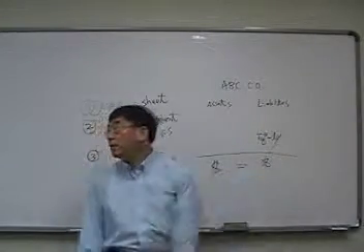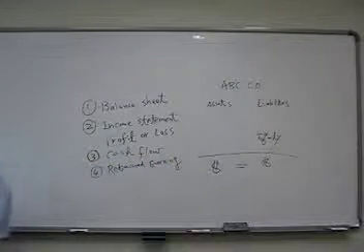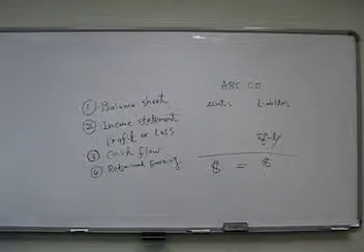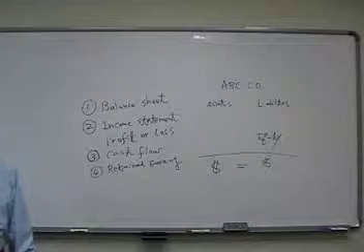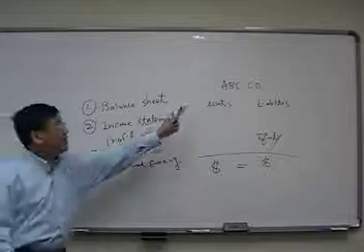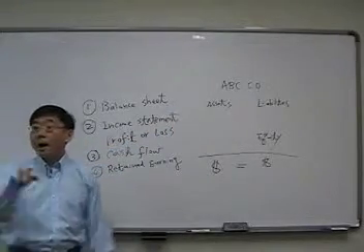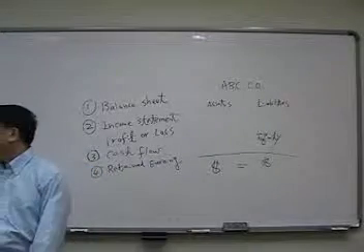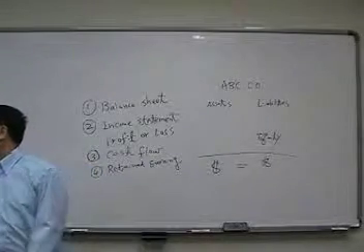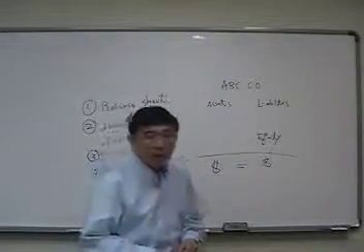Those two numbers must be equal. So for this class, we will always use this formula: A stands for assets, equal to L, meaning liability, plus E, to simplify the whole formula.